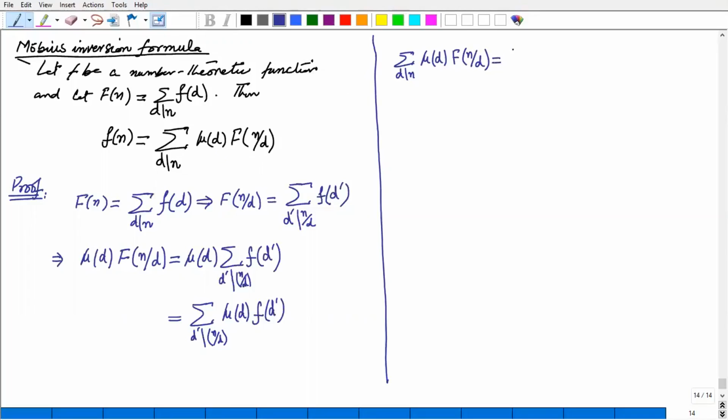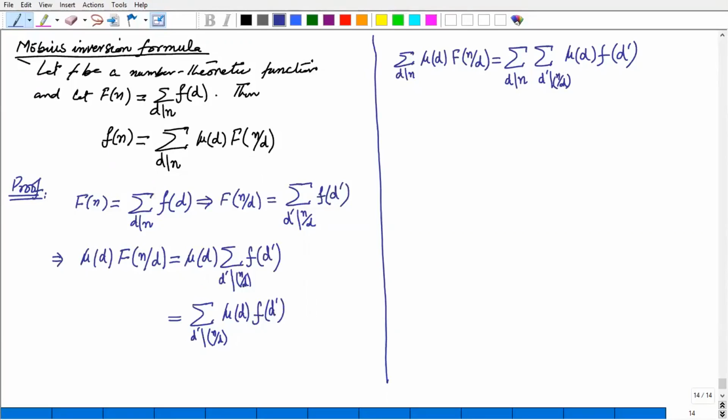On the right hand side we will have a double sum: d runs over the divisors of n, and then we have another sum, d prime over the divisors of n/d, of mu(d) f(d prime). We need to show that the right hand side is equal to f(n).